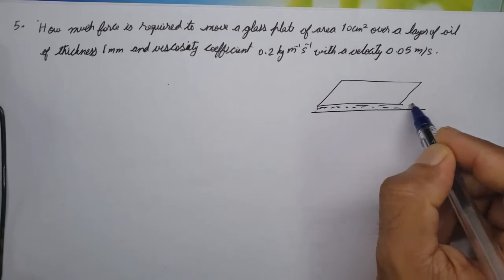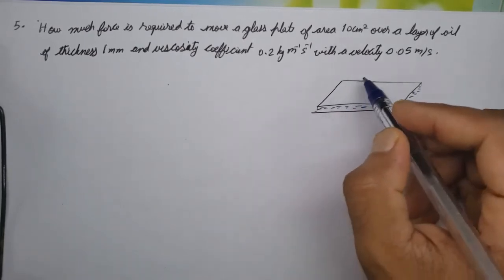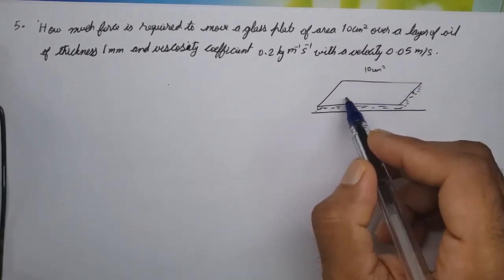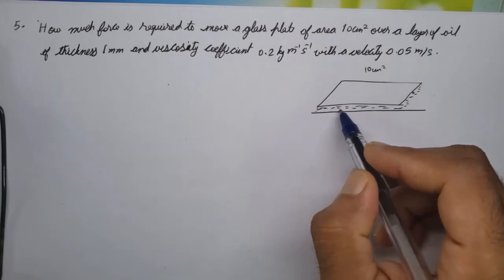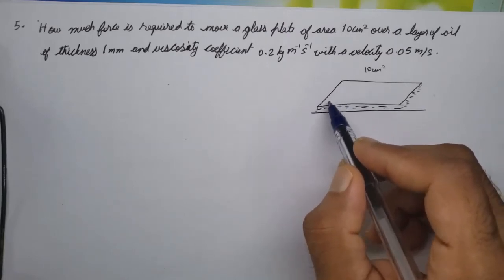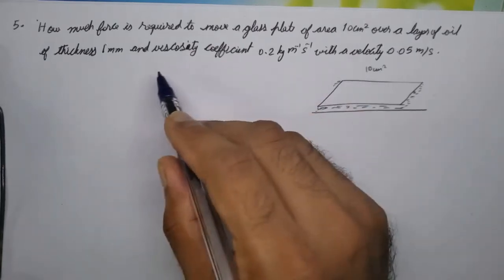So on some surface have some oil and you have kept the glass plate of 10 centimeter square area on top of the oil. You know that oil is a viscous fluid. So below this glass plate there is an oil layer of thickness.